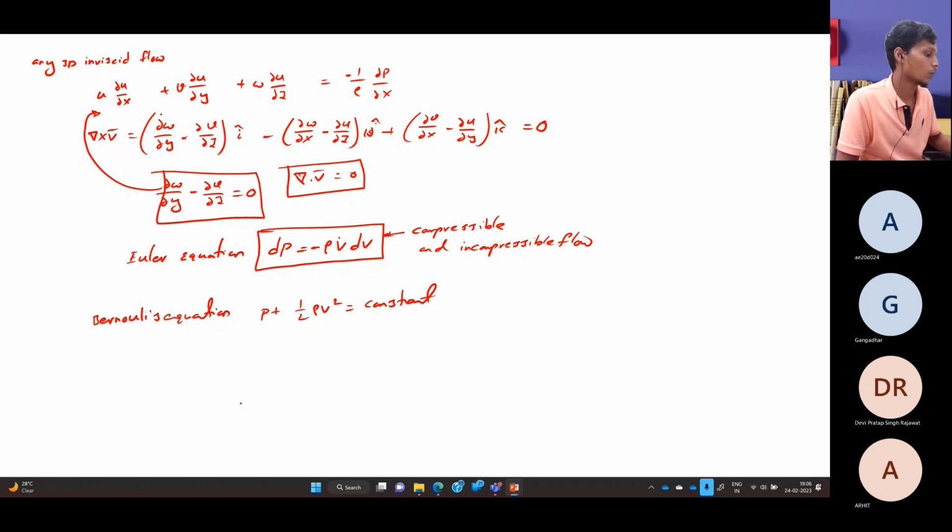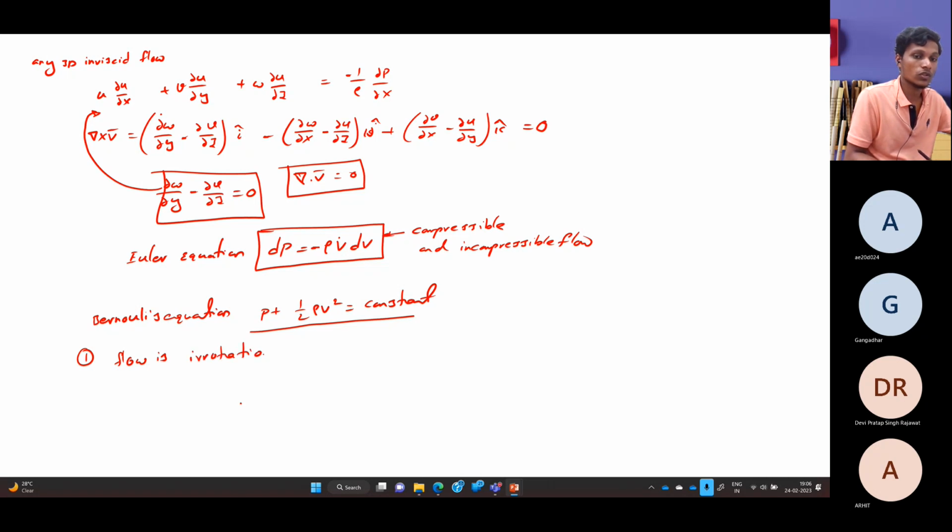No. Okay. This equation can only be applied when your flow is inviscid, or sorry, irrotational, I can say. Instead of directly saying inviscid, it is better to say the flow should be irrotational, but we have already taken this flow as inviscid here, so I'm not going to mention it again.